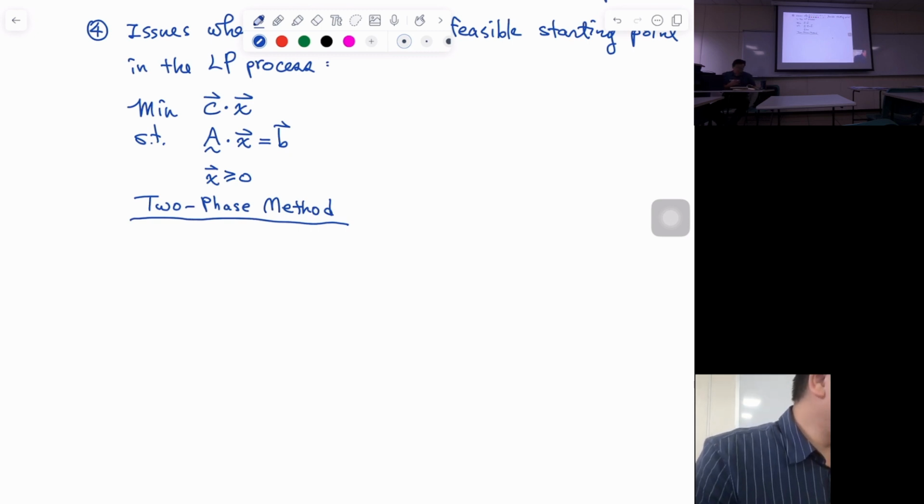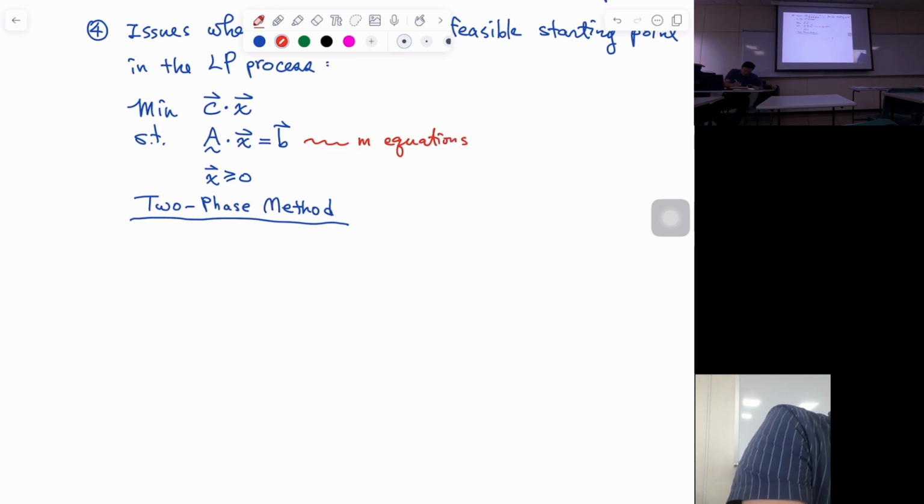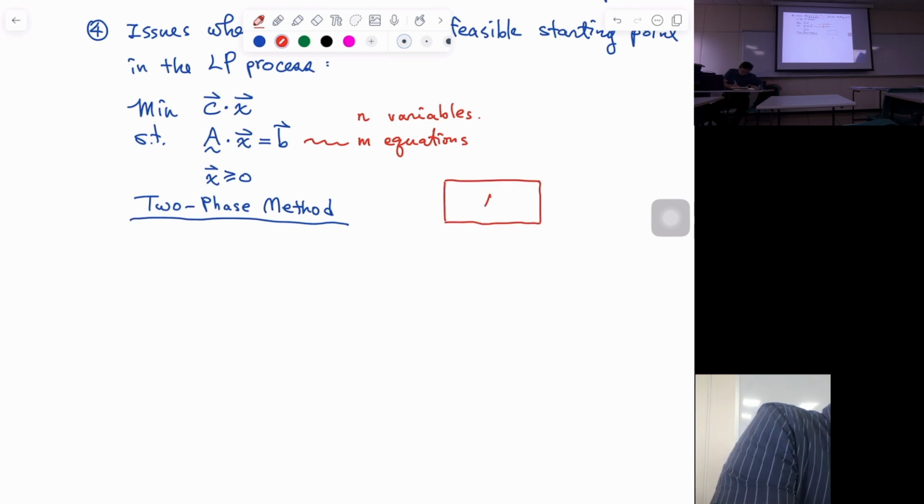The two-phase method will introduce additional variables, even more variables. So let's say you have m equations here, and let's say you have n variables. So your A matrix is of size m by n, okay?